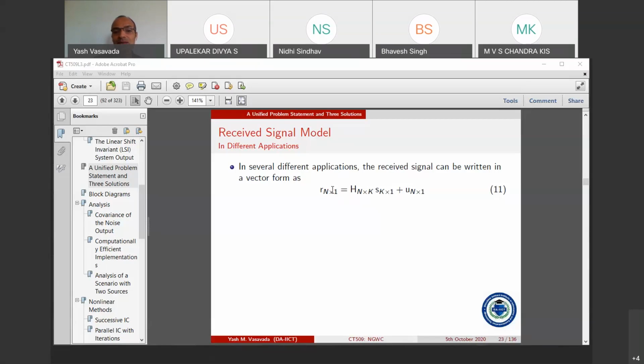To do the enumeration, the brute force exhaustive minimization of distances for 2 to the power 30 possibilities, it is too much. And 30 is not even that large. If K becomes 100, meaning that there are 100 simultaneous users, then all bets are off.